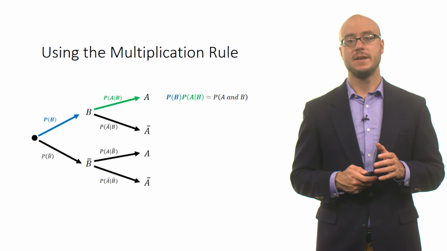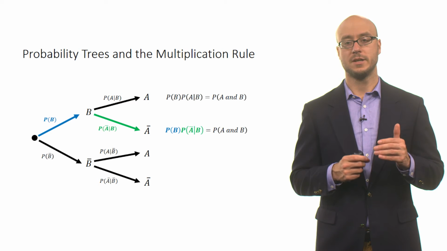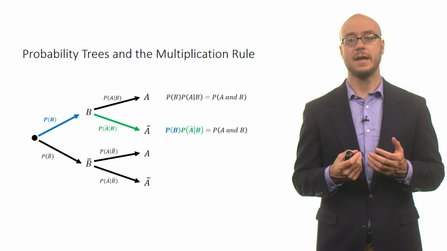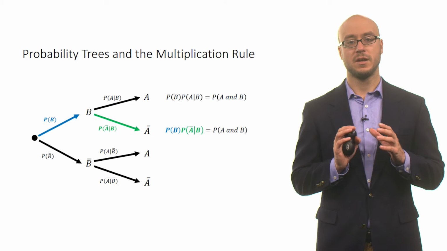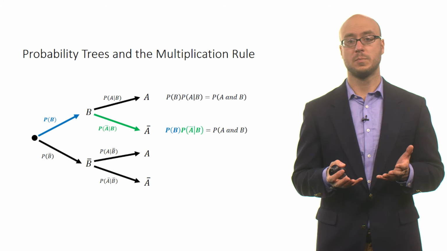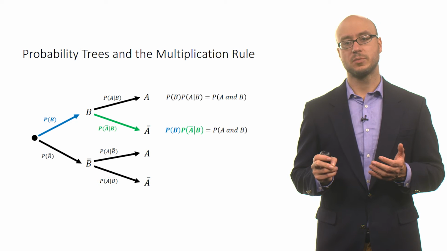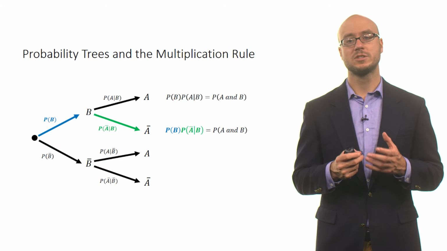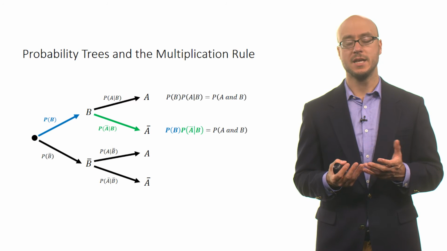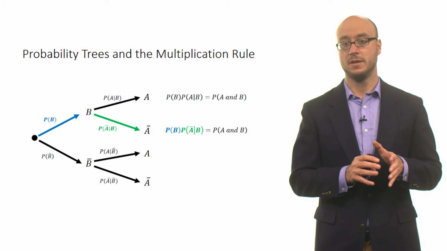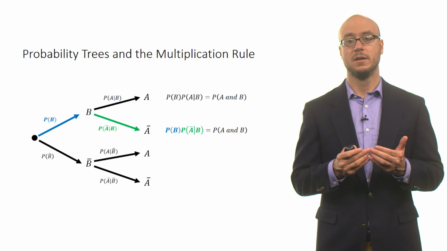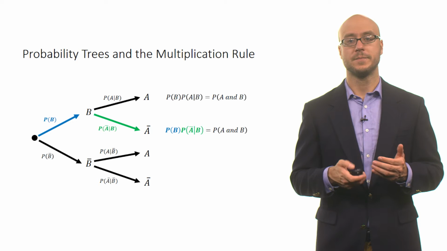That next set of branches tells us the probability of B and not A. We still have the overall probability of B, and then that green branch tells us the probability of not A, given B. And again, to find that joint probability, you just multiply those two branches together.